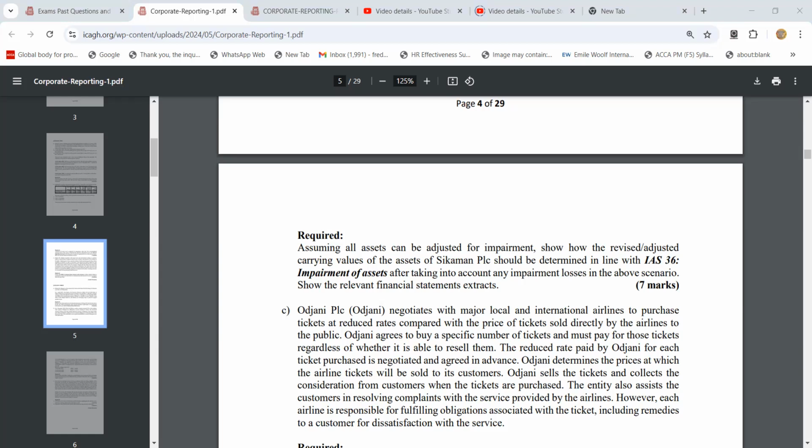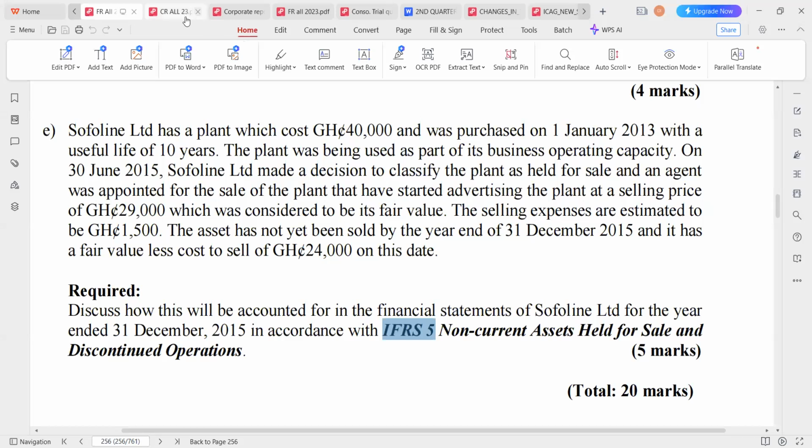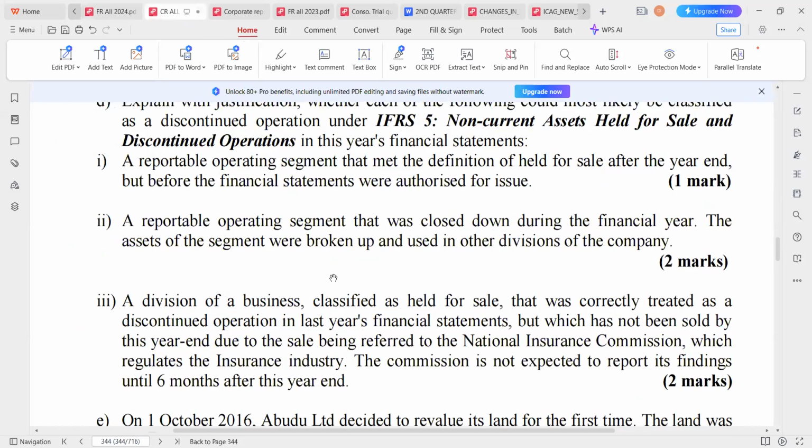Let me see if I can scan through the last question for corporate reporting, and I'll leave you, and I'll go and do my next standard.